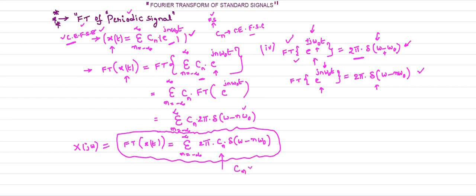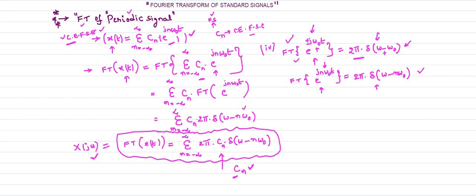You already know how to find the Cn, which is the complex exponential Fourier series coefficient. After finding this Cn, you just substitute it in this summation, so that you will get the frequency domain representation of the periodic signal.